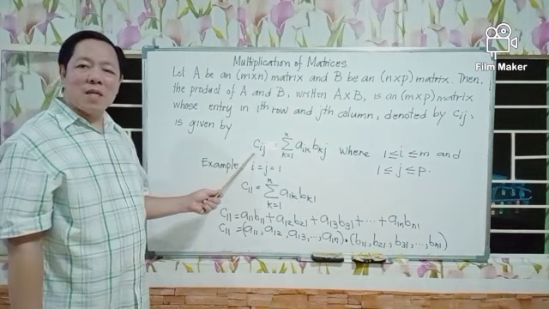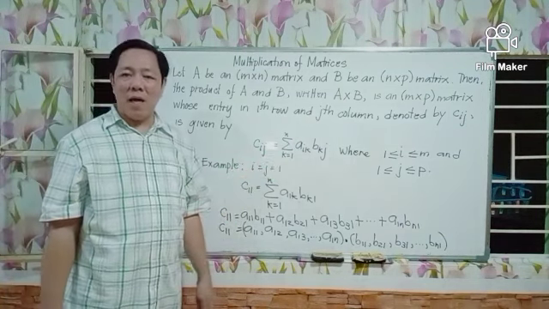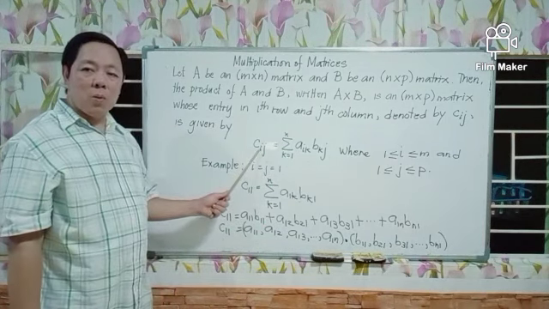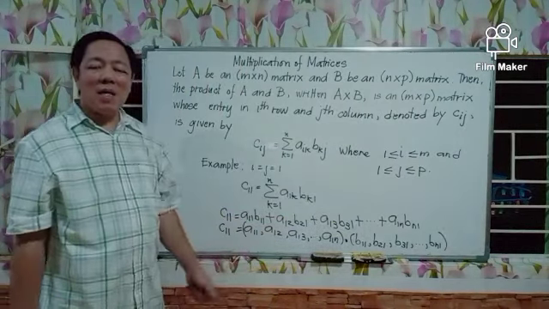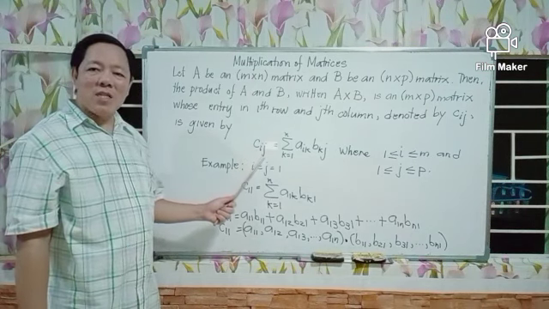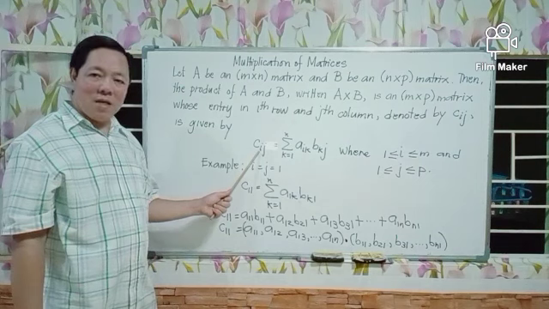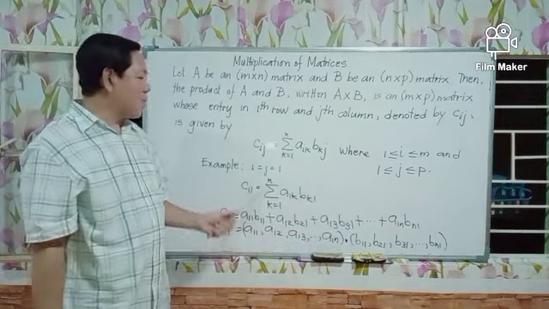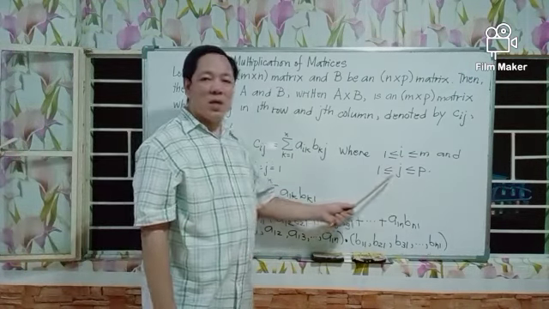In general, to get the entry c sub ij in the ith row and jth column of the product of A and B, we multiply the entries of the ith row of matrix A, where i is 1 to m, by the entries of the jth column of matrix B, where j is 1 to p.